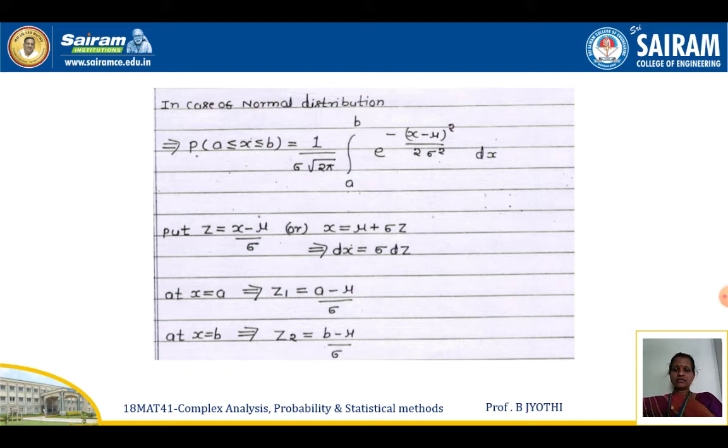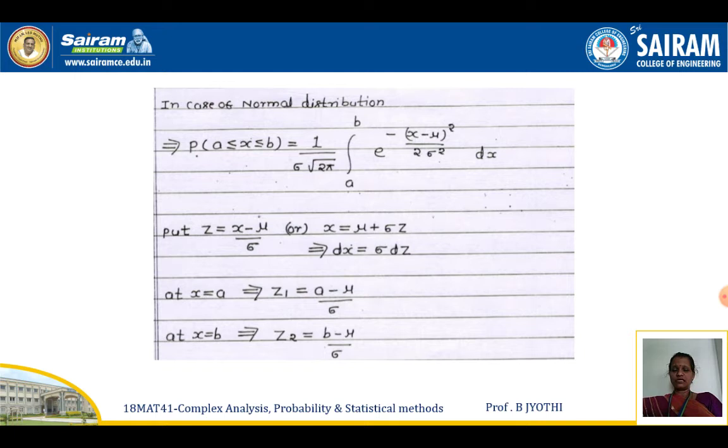Where P of a less than or equal to x less than or equal to b, we have the formula 1 upon sigma root 2 pi, integral from a to b of e power minus (x minus mu) whole square by 2 sigma square dx. When we put z equals (x minus mu) divided by sigma, or x equals mu plus sigma z, at x equals a we get z1 equals (a minus mu) by sigma.